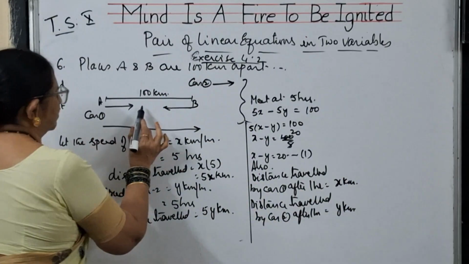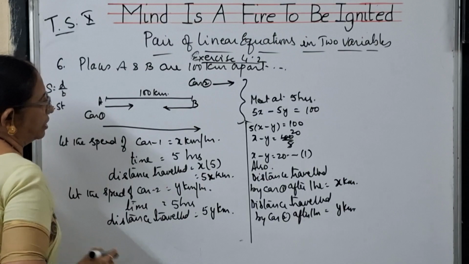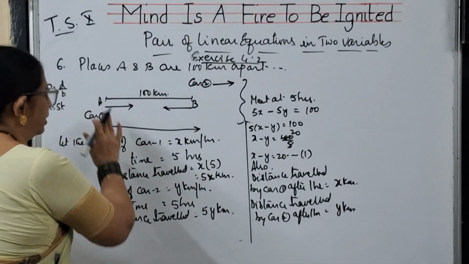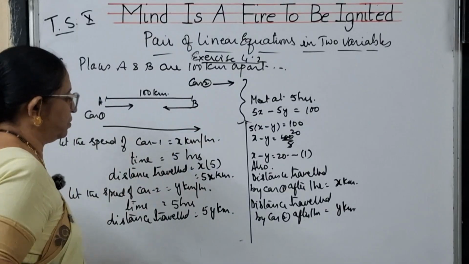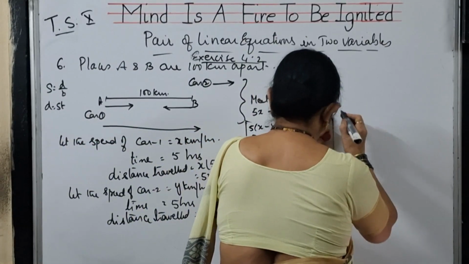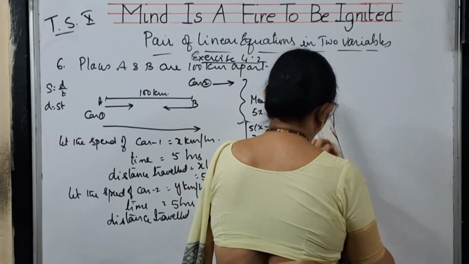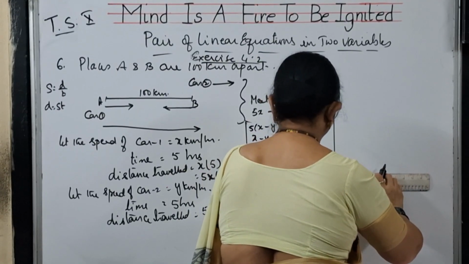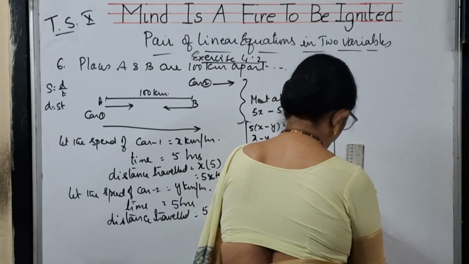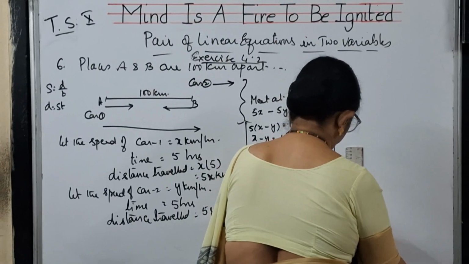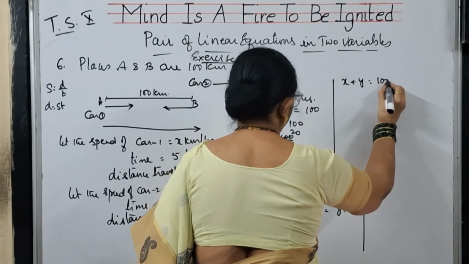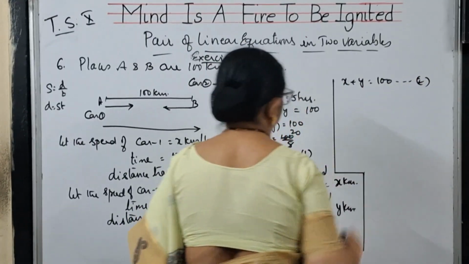He has traveled x kilometers, he has traveled y kilometers, then they could meet. That means total distance traveled by both of them is 100. So you will be getting the second equation. x plus y is equal to 100 is the second equation.